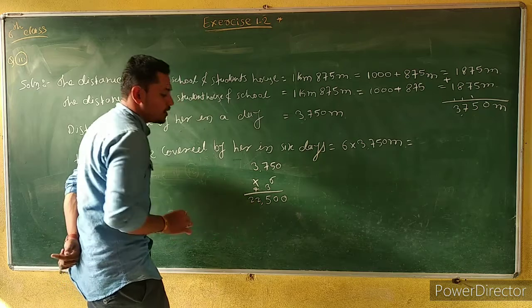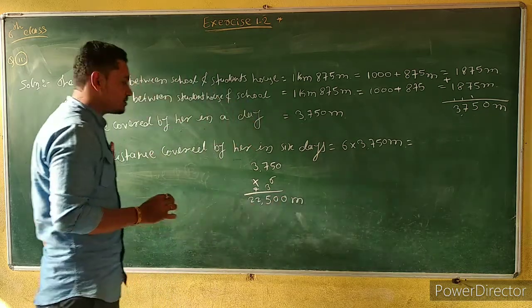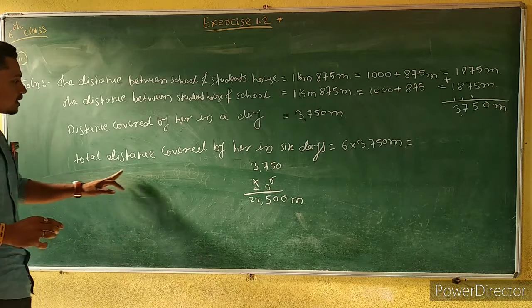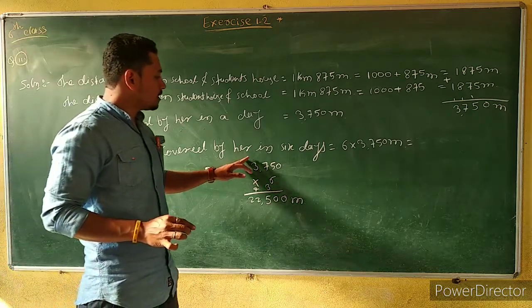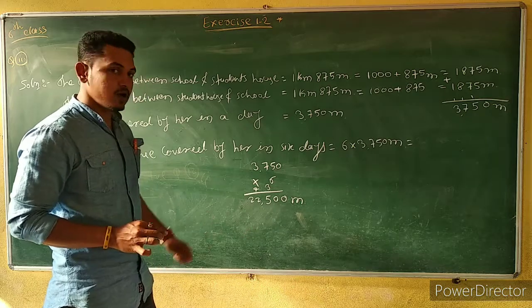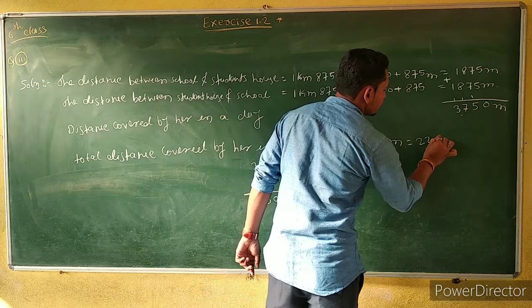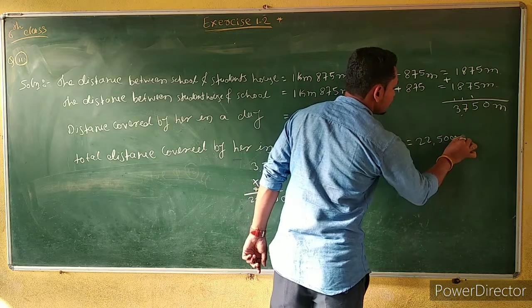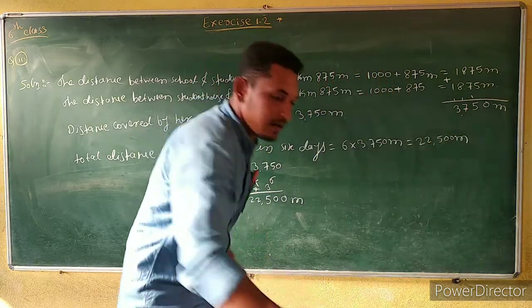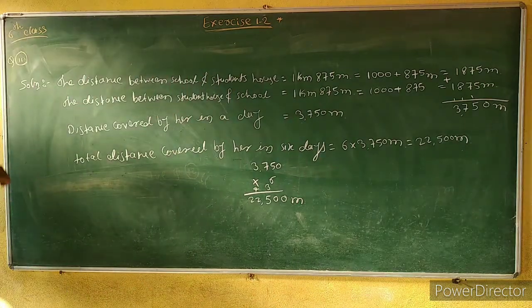So therefore 22,500 meter. Your answer is the total distance covered by her in 6 days is equal to 22,500 meter. So you can write here 22,500 meter.